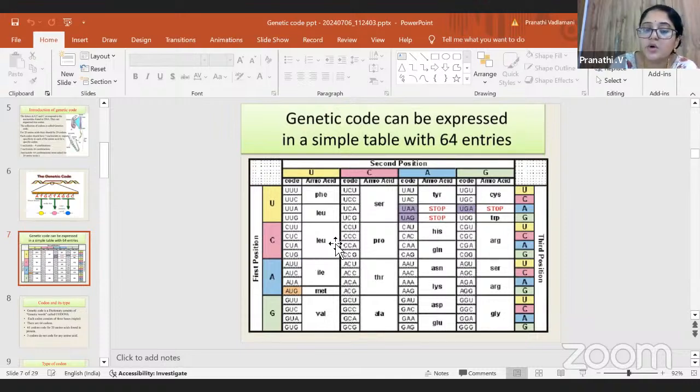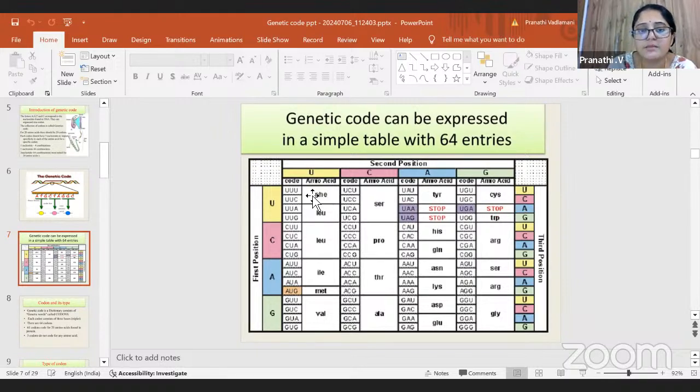It is still going to code for the production of an amino acid, that is leucine. AUU, AUC is going to be isoleucine. So this is how it is going to be in the second position again. In the third position, you're going to get UCAG, anything is going to cause the production.